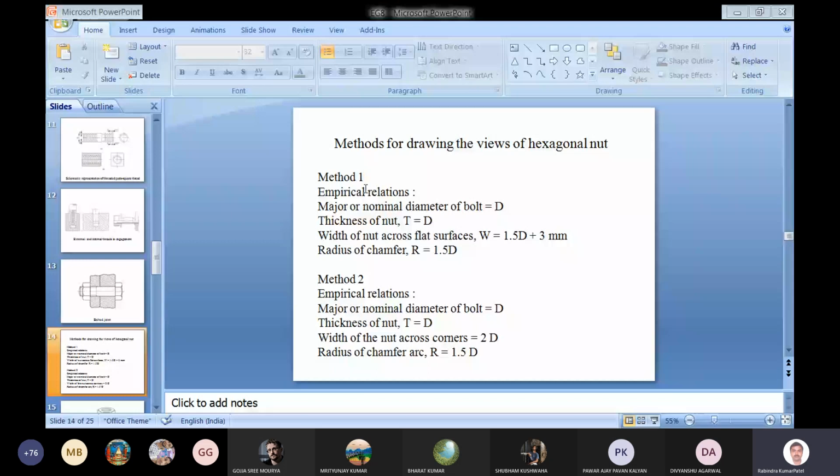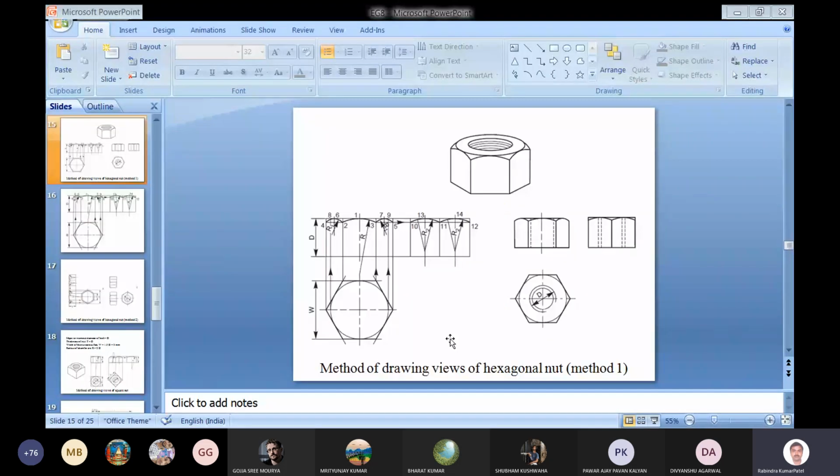Based on these methods, we have the drawing practice, and we will see the different dimensions corresponding to each method. So we have W here, W is 1.5D plus 3 as mentioned in method 1, and D is the nominal diameter.